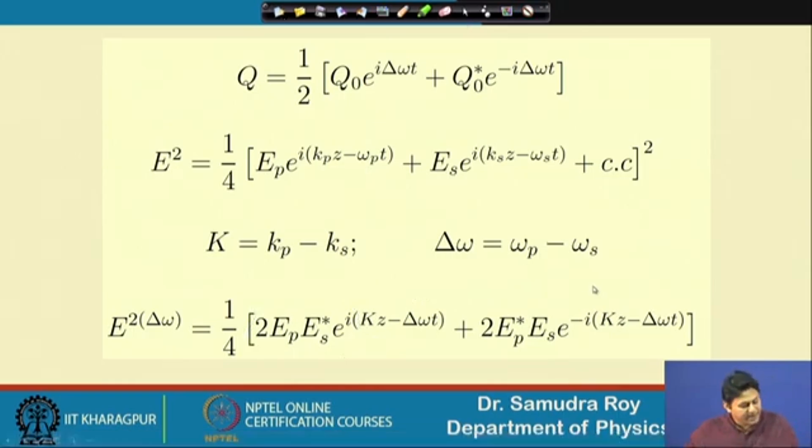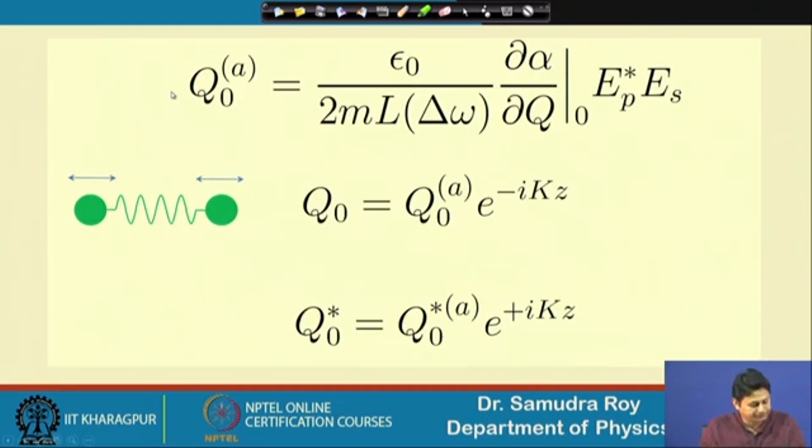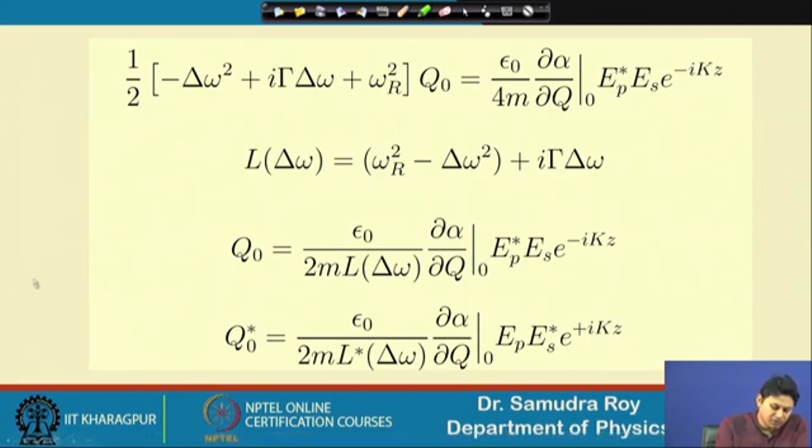Well, after having everything in our hand, we will put that into the equation. When you put that into the equation, we will get this kind of expression. So, we had the equation in our hand, which is q double dot.